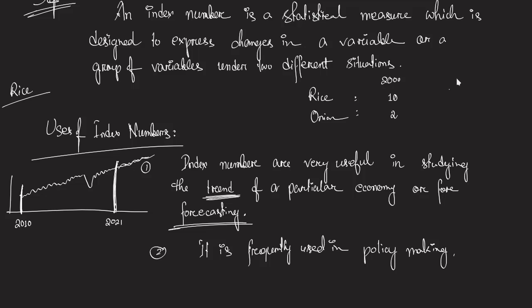And in 2020, the rice price is 35 but the onion price, let's hypothetically assume, has become 200, right? So 10 to 35 is a nominal increase, right? But 2 to 200 means a 200% rise, which is a drastic increase if we compare.